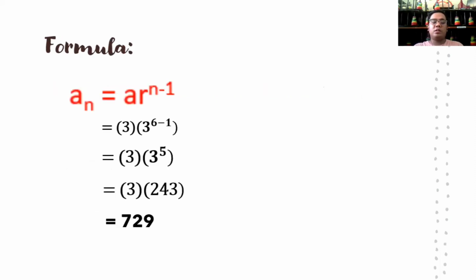Right afterwards, we are going to use again the formula for finding the nth term. So a sub n equals a sub 1 times r to the power of n minus 1.